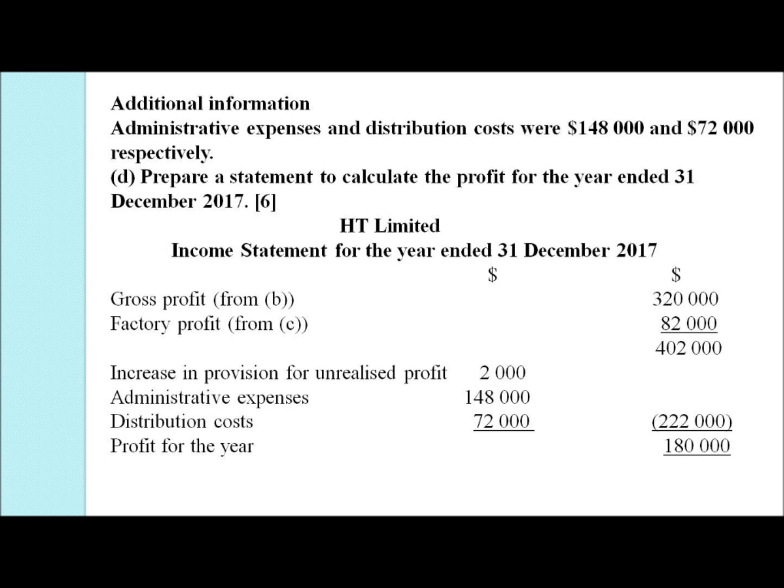From there we get the value of 2000, and to this we add the other overhead expenses, that is administrative expenses and distribution expenses. Together all the overheads will be subtracted from the profit to get the net profit for the year.